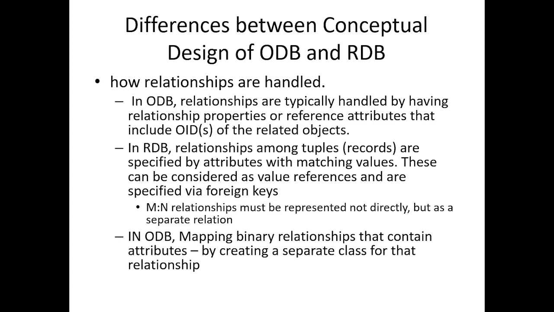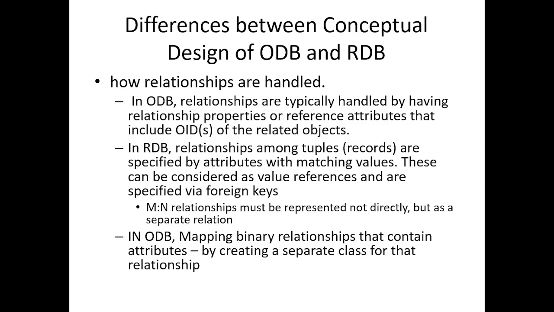These are limited to being single valued in each record because multi-valued attributes are not permitted in the basic relational model. Thus, M to N relationships must be represented not directly but as a separate relation, that is, a table.